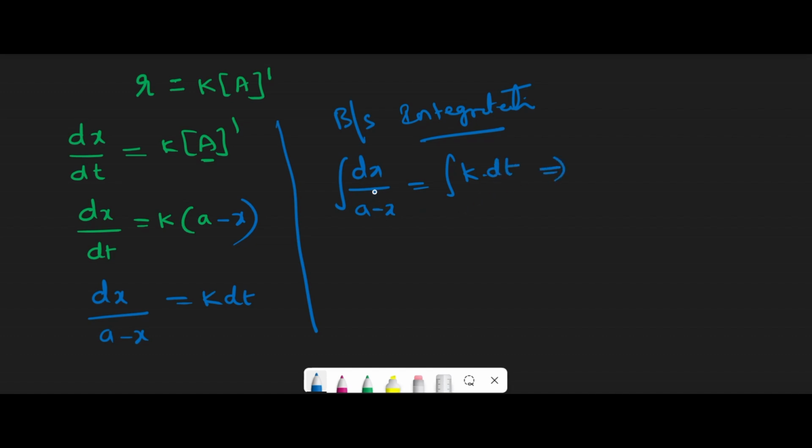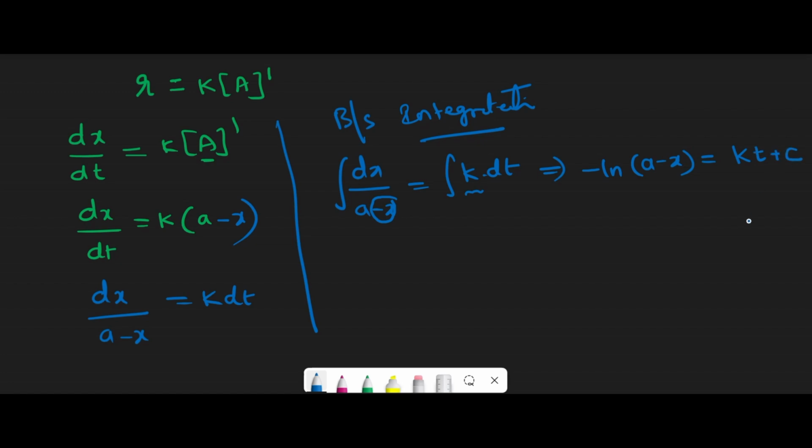The integration of 1 by (a minus x) is minus ln (a minus x), since x is the variable which is changing, so it will be minus. This is equal to k, which is a constant and does not change even after integration, times the integration of dt, which becomes t.